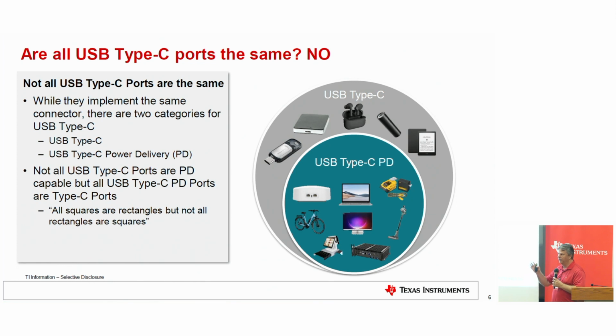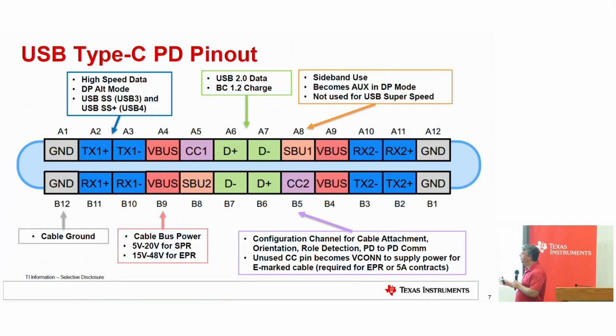So on our website, we split the two. You can see USB Type-C only type applications, and then the more complex USB PD. And again, I mentioned the connector. A couple things to mention on the cabling: if you flip this around, you finally have a true reversible, flippable connector.